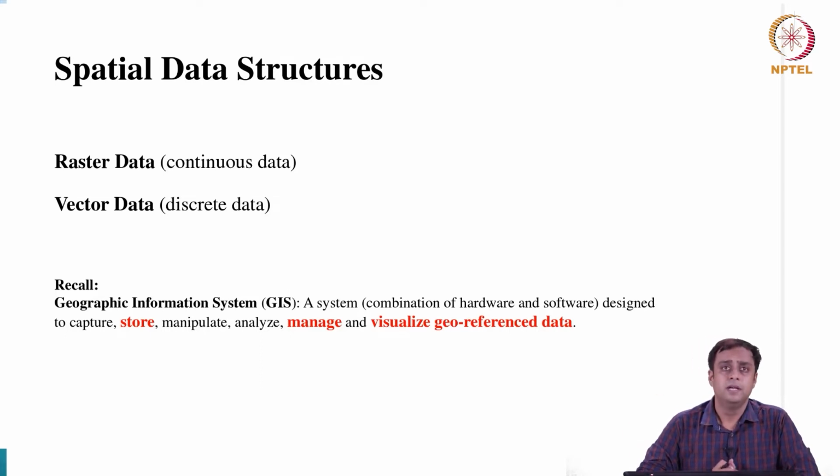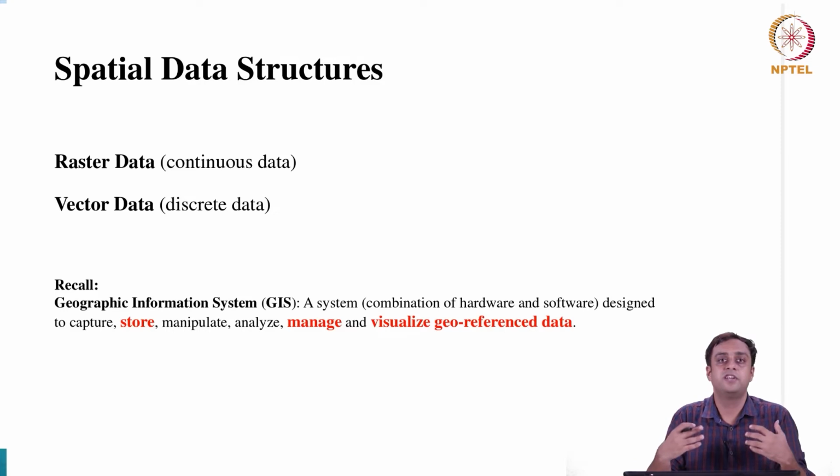Today we are going to follow up on what we had seen towards the end of the last lecture, which is this concept of remote sensing. That is, where are these spatial data coming from, what is the data generating process.